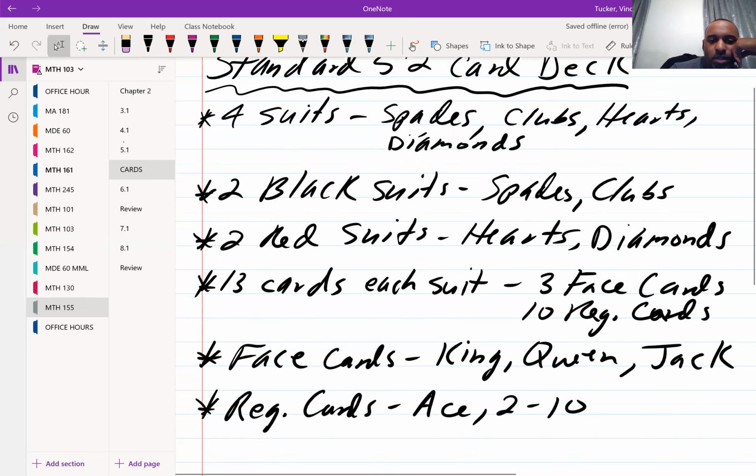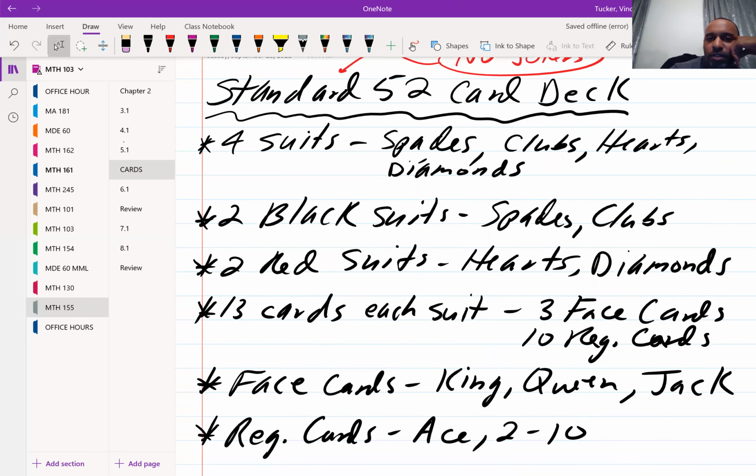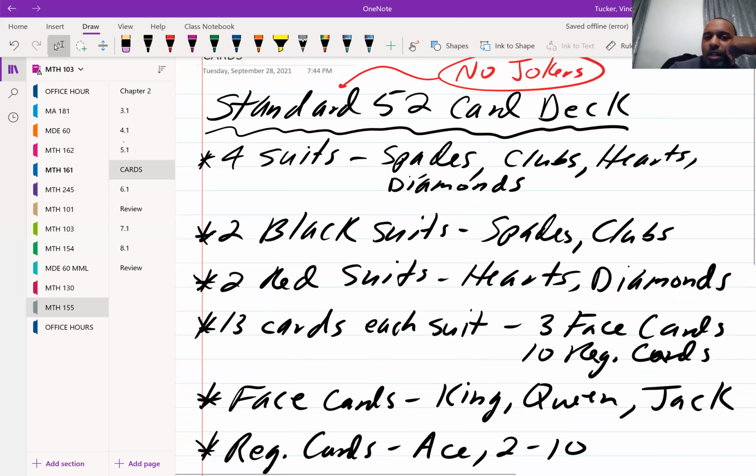And I think that's it. And you card players, if I left anything out, let me know. But standard 52 card deck, no jokers. That's why it's called standard.